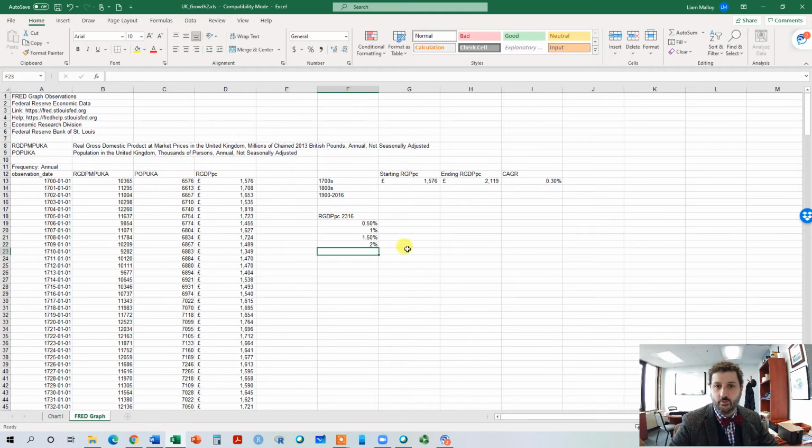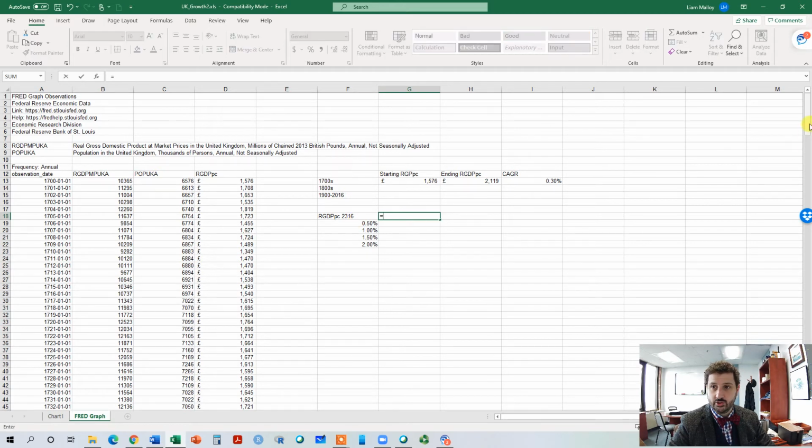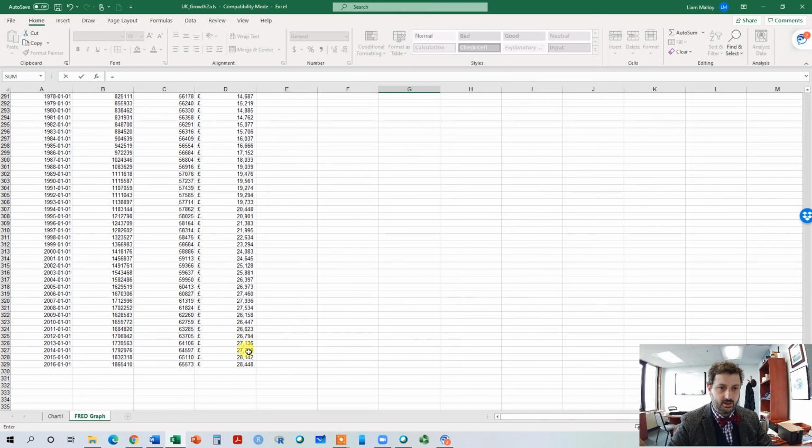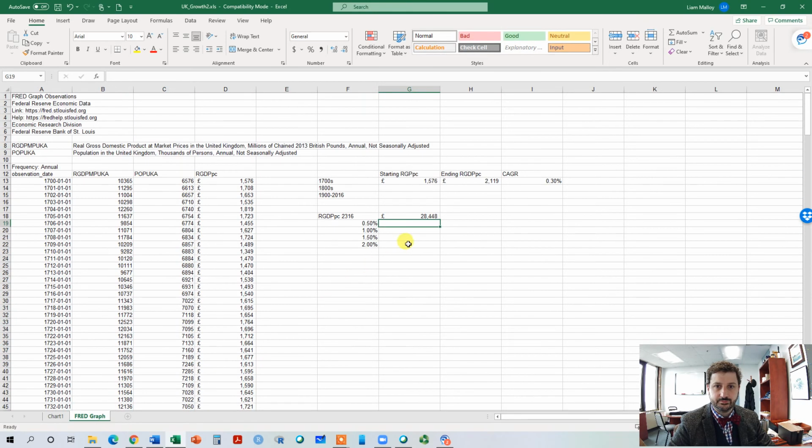And of course, what I'm asking my class to do is to use the compound annual growth rate for the 1900s to 2016. So first we need to know what we're starting with, right? And so what we're starting with is the value of real GDP per capita in 2016. So we can just go down here and put that value in.